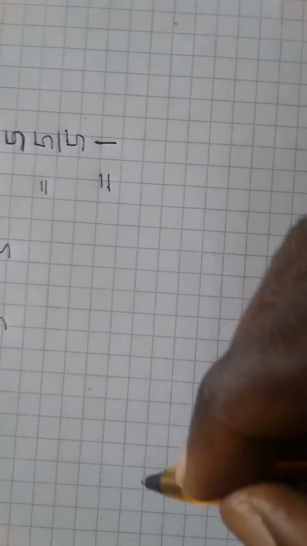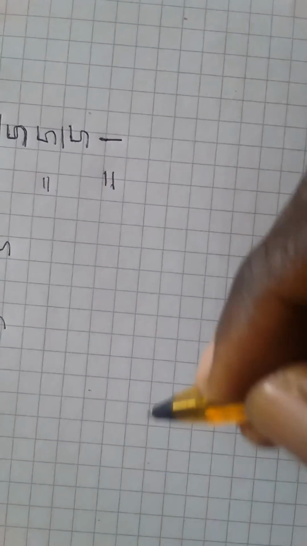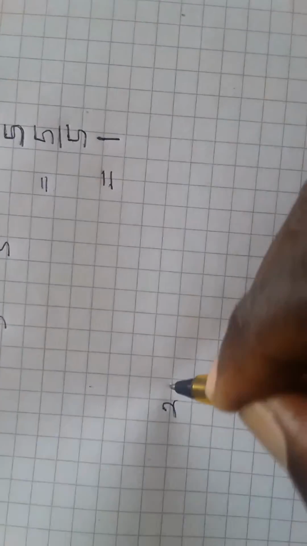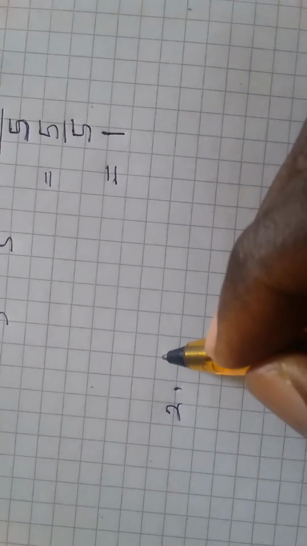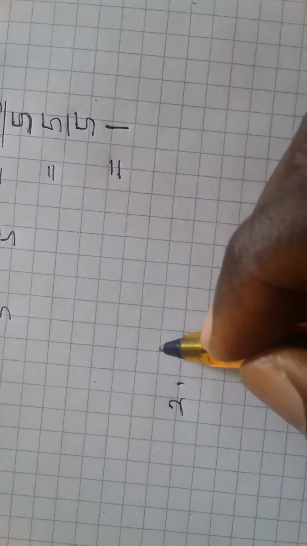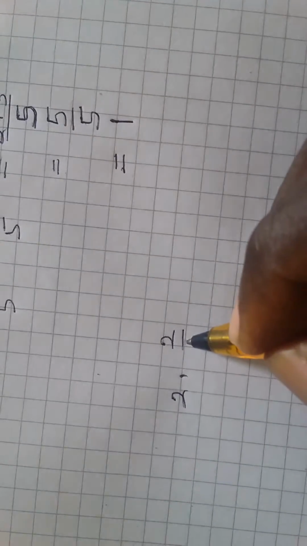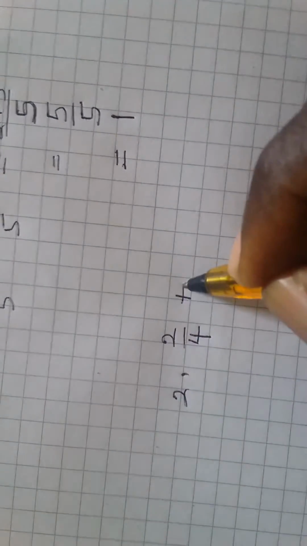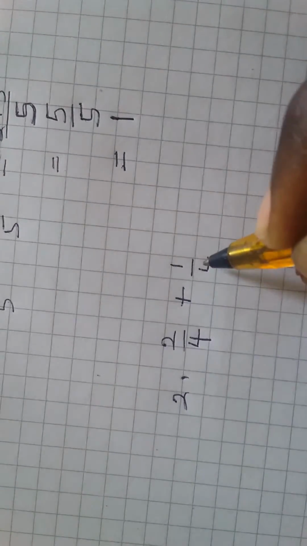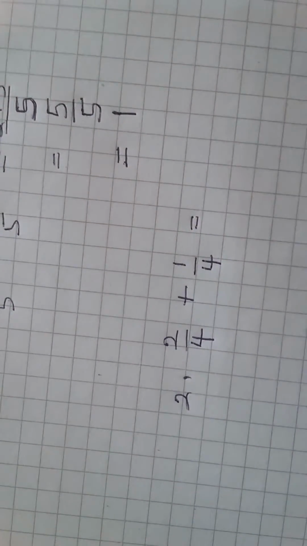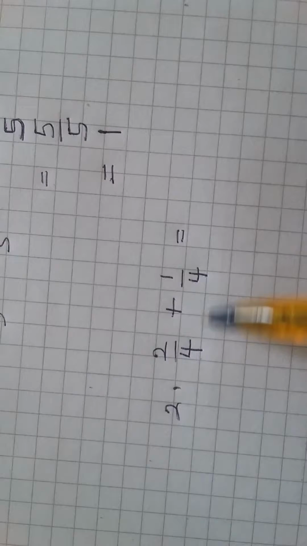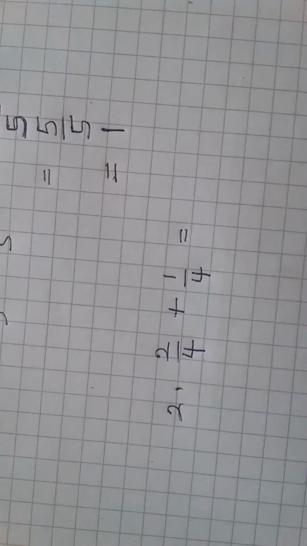Example number 2. Let's say I have 2/4 plus 1/4. We said they are like fractions because they have what? The same denominator.